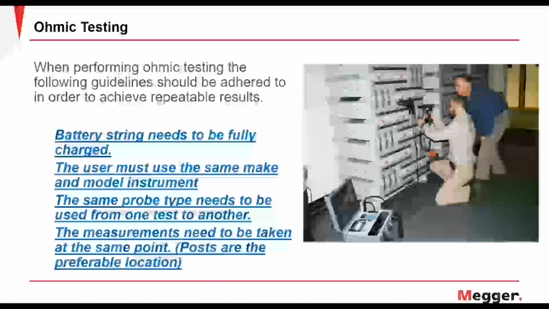One more thing is to always make sure that you take the measurement from the same point on the battery. Usually we use the post to do the measurement. If you measure from different points, it could change the result, and you would have to compare relative to these changes as well.